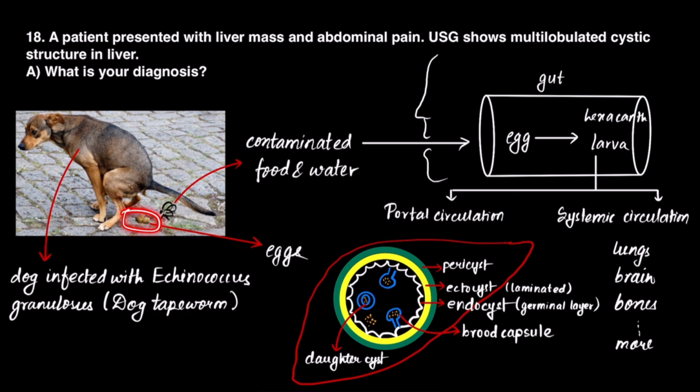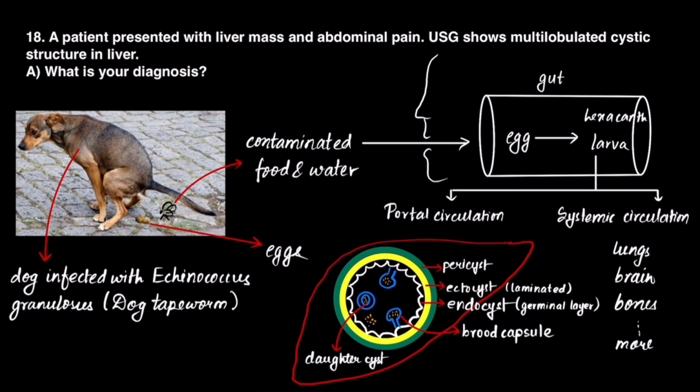In the feces of this infected dog, we can find eggs of dog tapeworm. Let's say these eggs along with the feces get carried by a fly to food and water. So along with the feces, the fly carries the eggs as well. So the food and water is not just contaminated with the feces but also with the eggs of dog tapeworm, which came from the dog infected with the dog tapeworm.